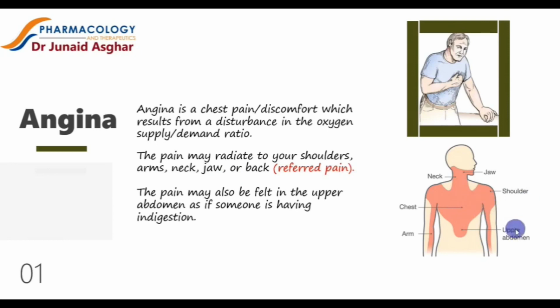So it could be anywhere in the shoulder, lower jaw, neck, chest, arms and upper abdomen. And this upper abdominal pain feels like indigestion, as if someone is having indigestion.